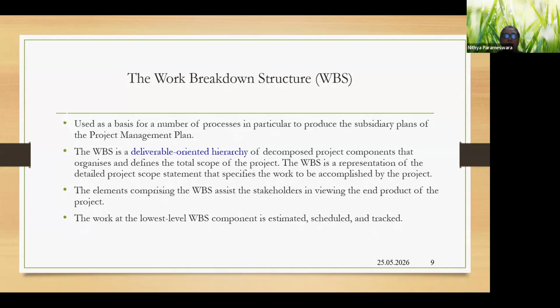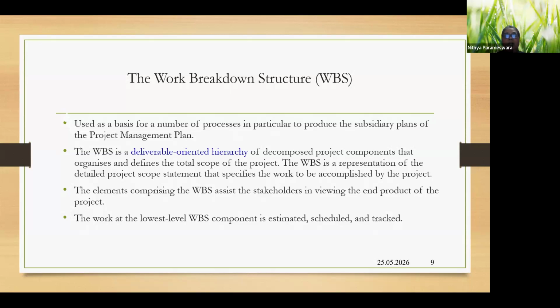I will show you some examples of the WBS, then you will understand what I say. But I'm pretty sure you know what a hierarchical representation is. You might have seen organization structures and so on. Those are hierarchical representations.